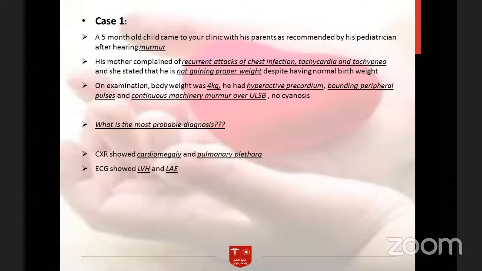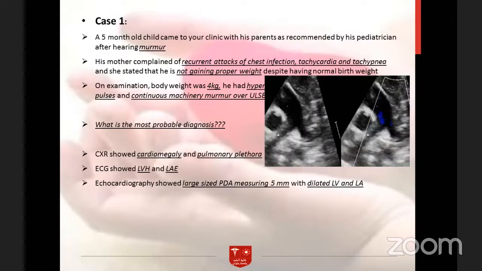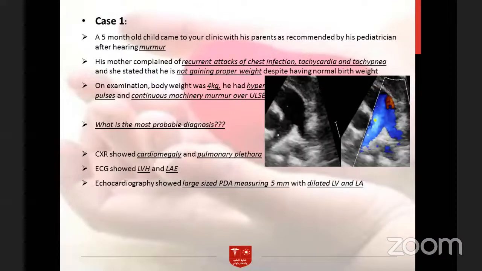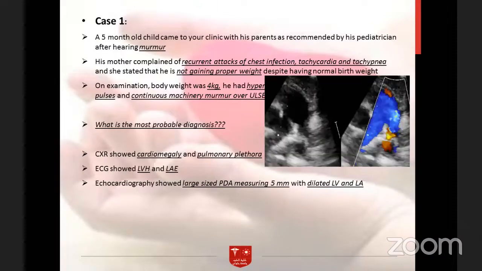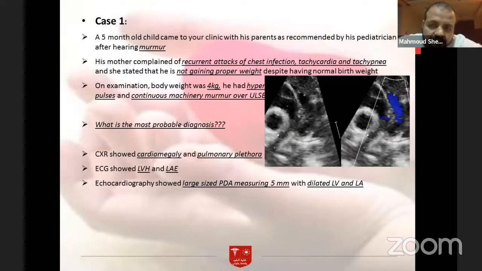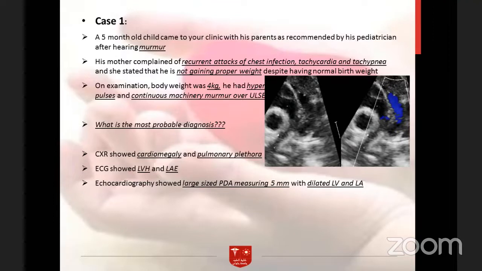And on doing the echocardiography, we had a large size PDA measuring 5 millimeters with dilated left ventricle and left atrium. So as you expected, Dr. Mahmoud Shahata, from the clinical history that we have, a moderate to large size PDA with a hemodynamic significance on the left side, failure to thrive.